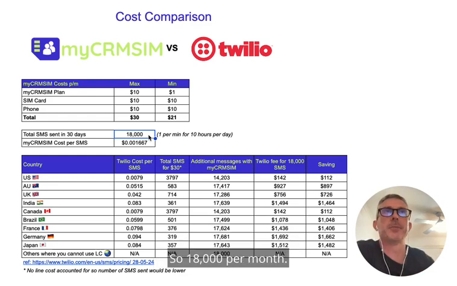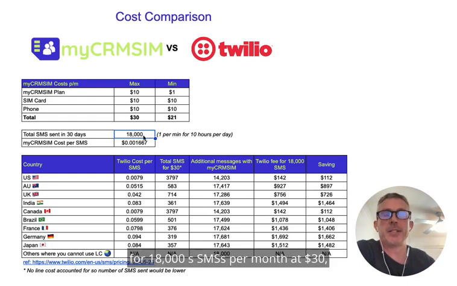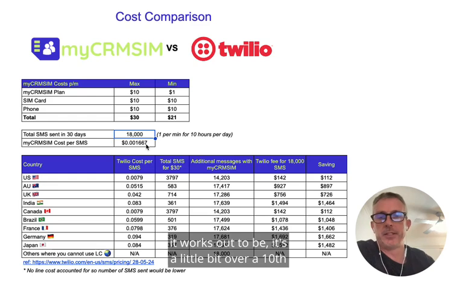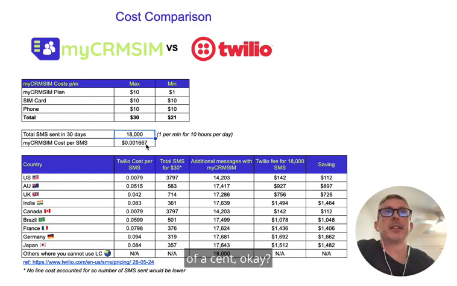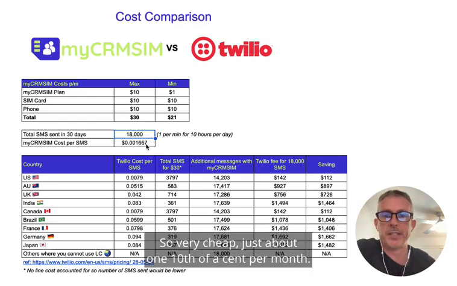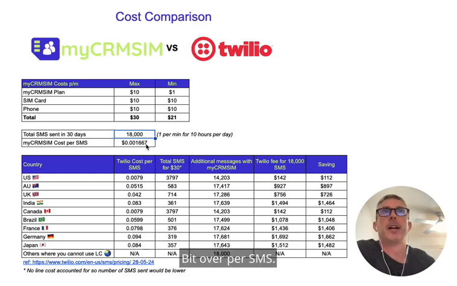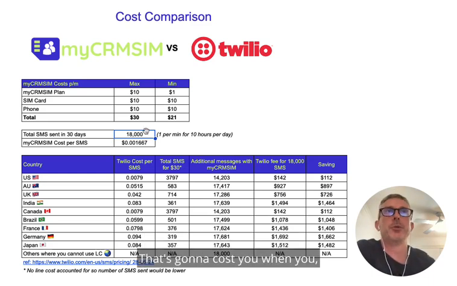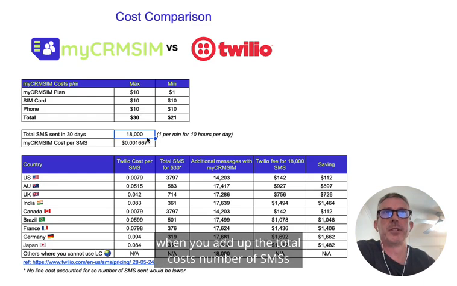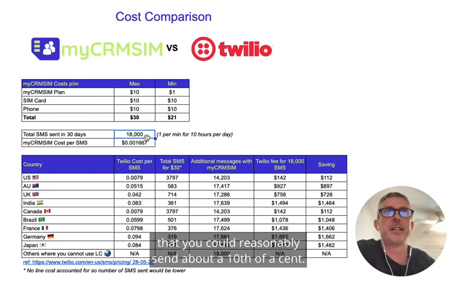So 18,000 per month. And if we look at the cost for 18,000 SMSs per month at $30, it works out to be a little bit over 1/10 of a cent. So very cheap, just about 1/10 of a cent per SMS when you add up the total costs and the number of SMSs that you could reasonably send.